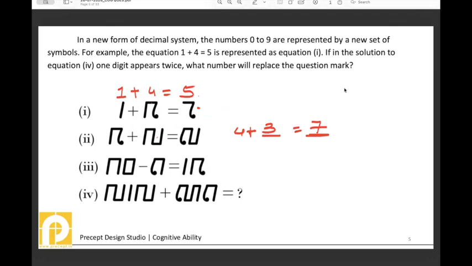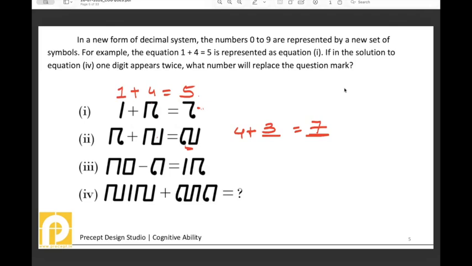We cannot go 4 plus 6 because that is a double digit number and here we are given a single digit. It can be 4 plus 2 is equal to 6. 4 plus 1 is equal to 5 is not possible because that's already here. But 4 plus 2 is equal to 6 is also possible. But we start with the assumption that, okay, let it be 4 plus 3 is equal to 7 for now.